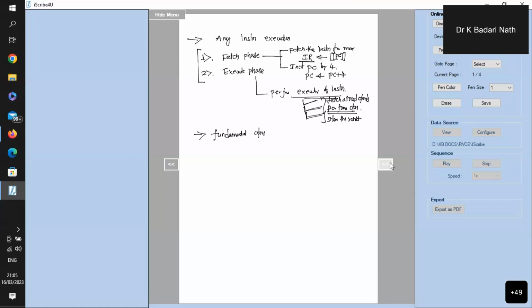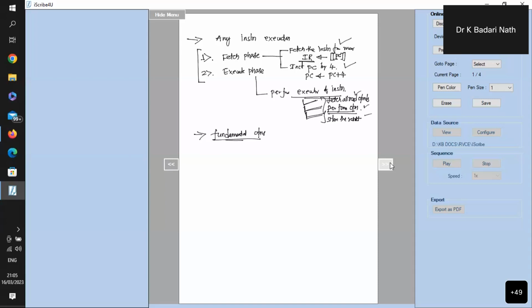If you look at all these subtasks, you can break all these operations down into 4 fundamental operations. Sometimes it can be more, but 4 is basically good enough to describe most of the instructions.